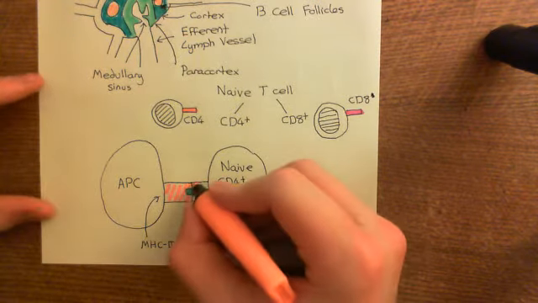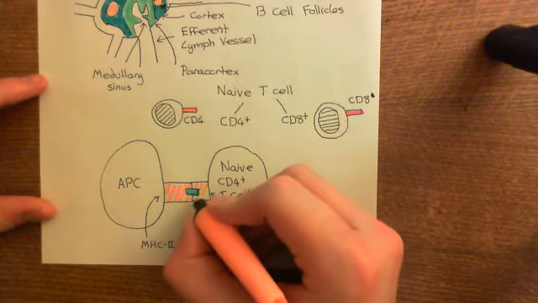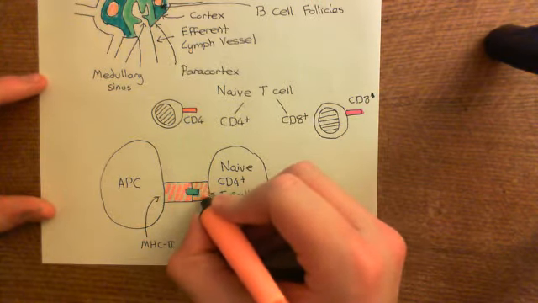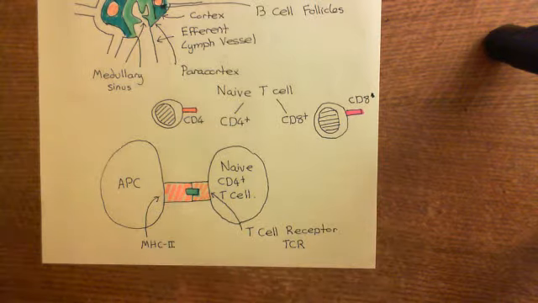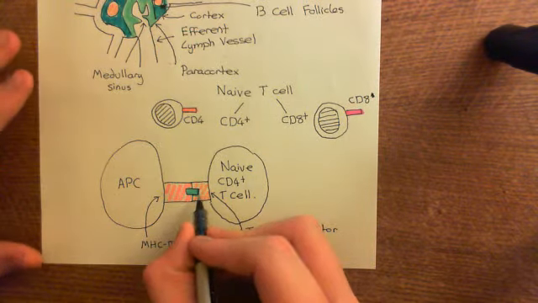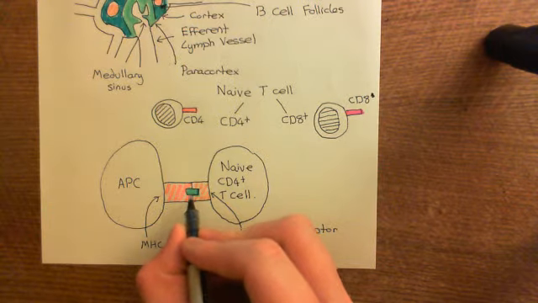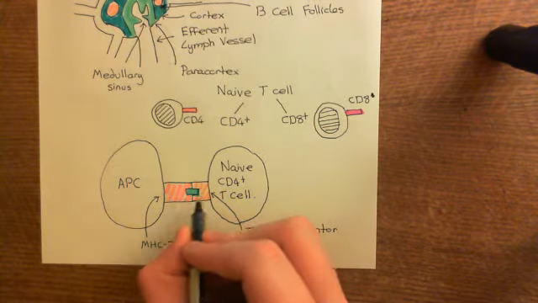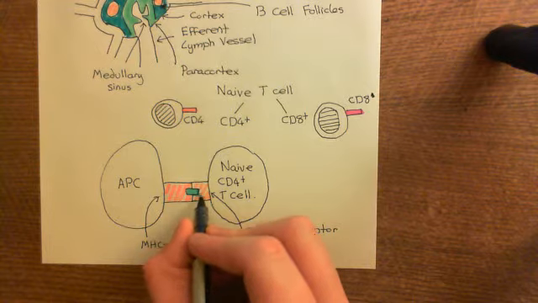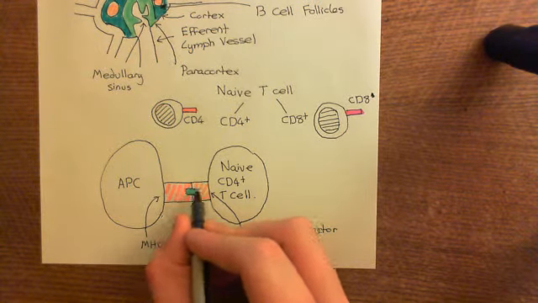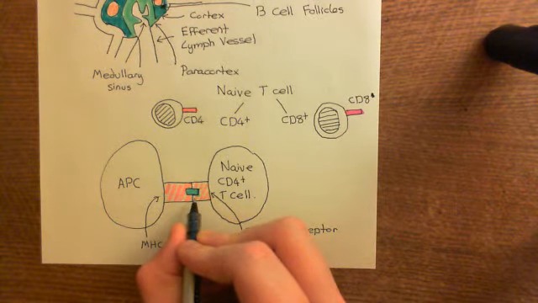Now, we need to understand why it was so important that this T cell had CD4 on its surface. The T cell receptor is going to bind to the allergen fragment as well as the MHC class 2, and that's an important thing to stress. It doesn't just bind to the allergen fragment, it does bind to the MHC class 2 as well.